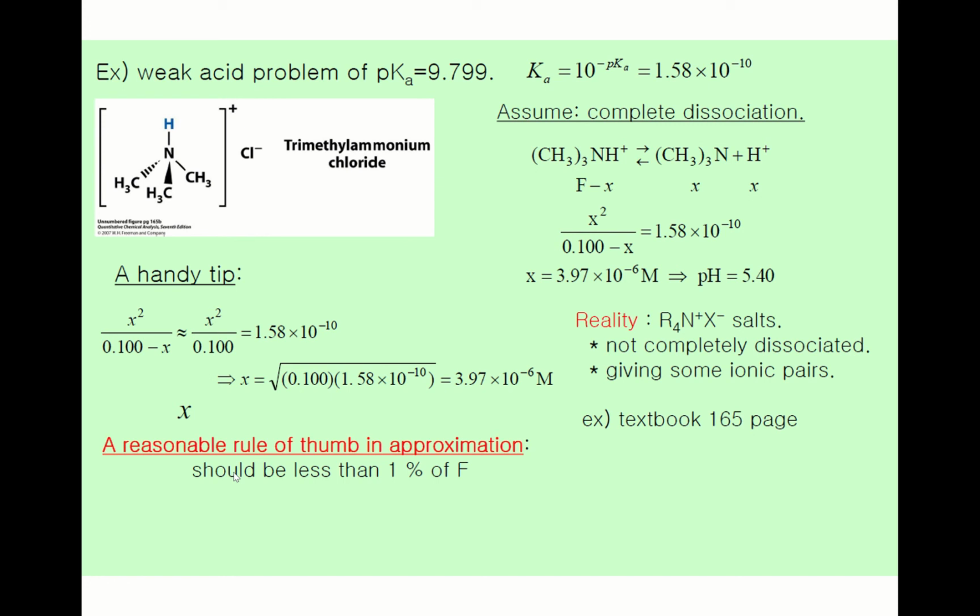Here is the rule of thumb: a reasonable approximation should be less than 1% of the formal concentration. If you are not sure, then don't make any assumption. Simply take all the equations fully and solve for pH. That's my advice.